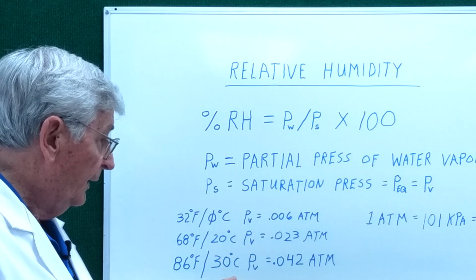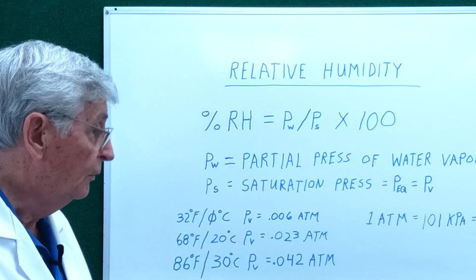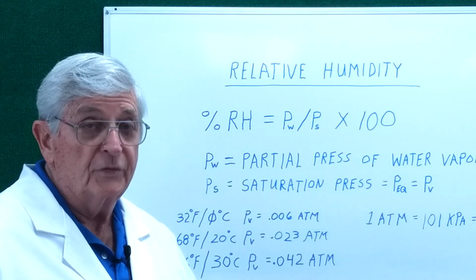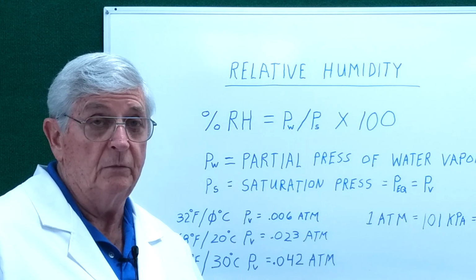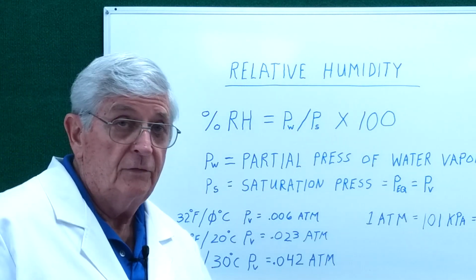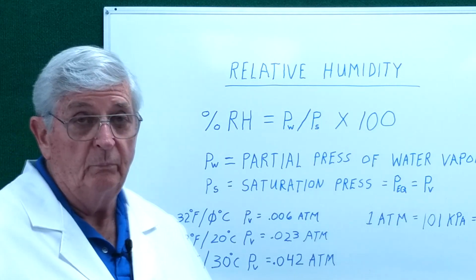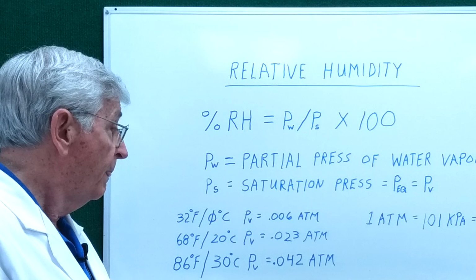So at even higher temperatures, we can get up to 7% water vapor by volume at 100% humidity. So breathing can become difficult at those kind of moisture levels.